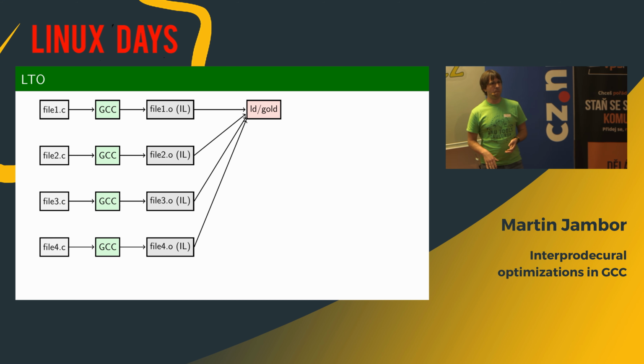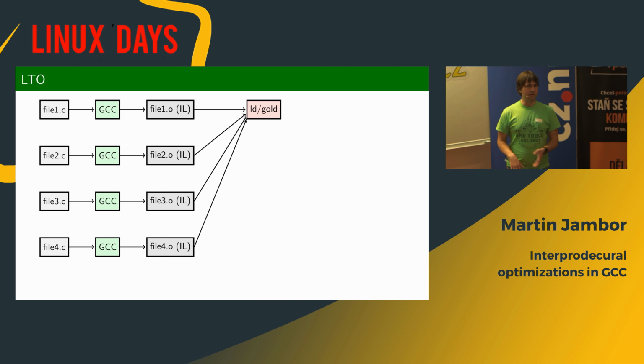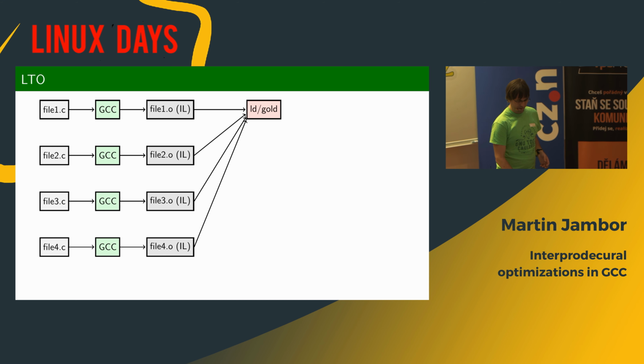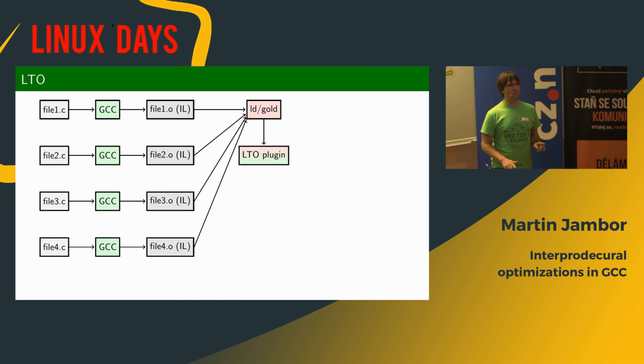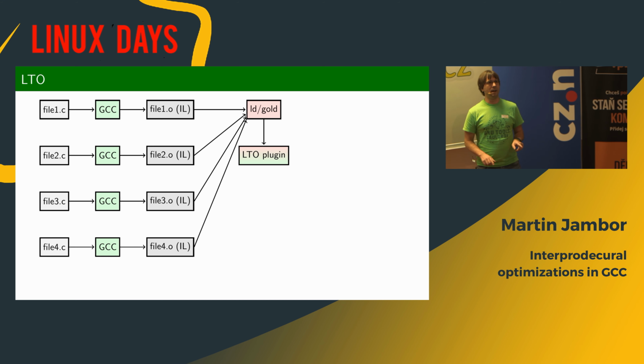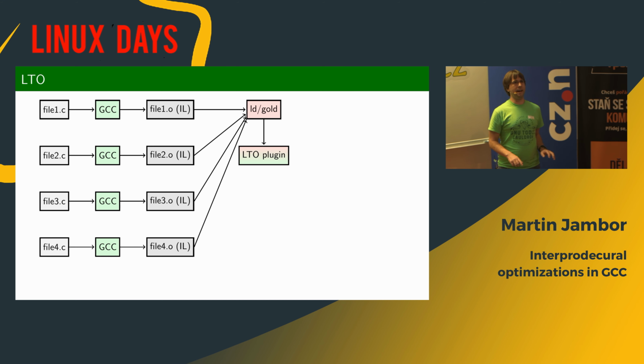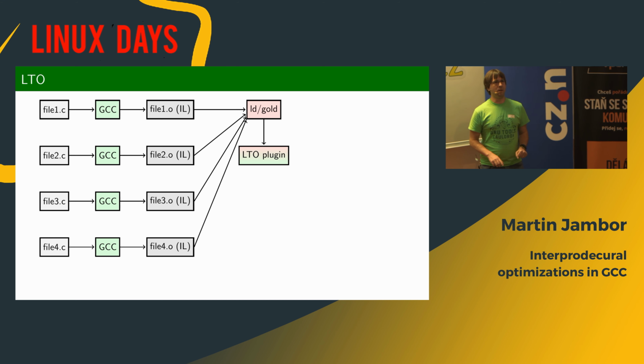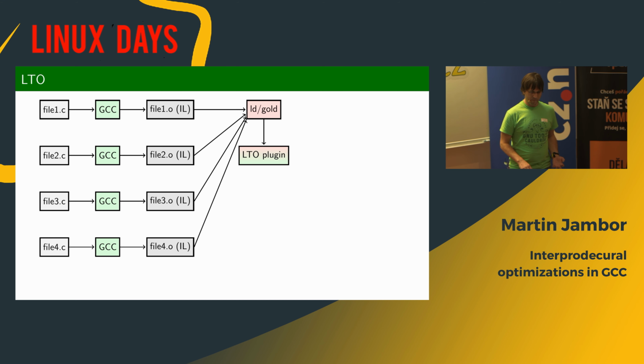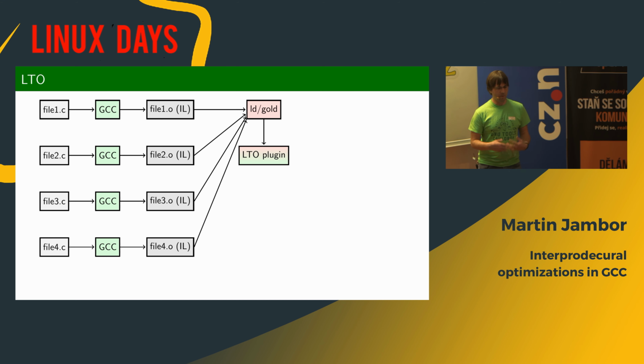But when the linker sees these .o files, it figures out, well, wait a minute, there's something that has not been completed yet. Let me load a dynamically loadable object that is called the LTO plugin, which is loaded into the address space of the linker, but it is actually part of the compiler project, of the GCC project.